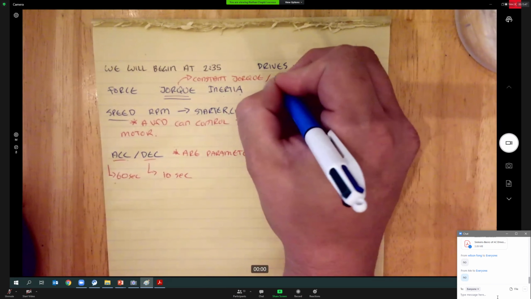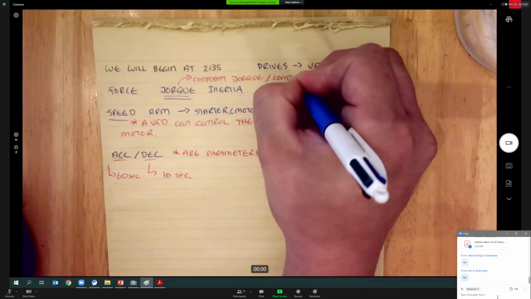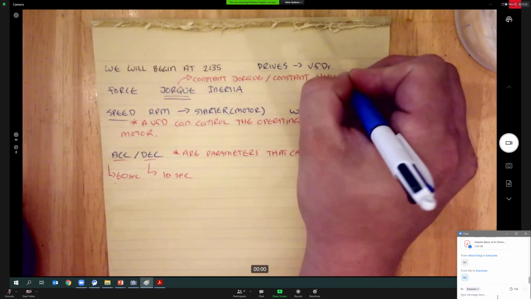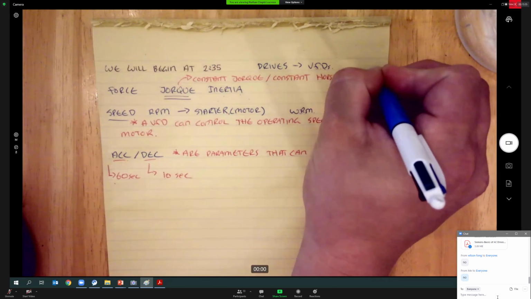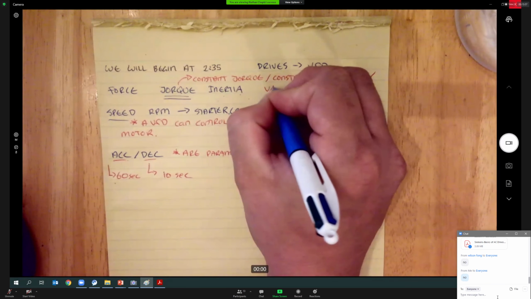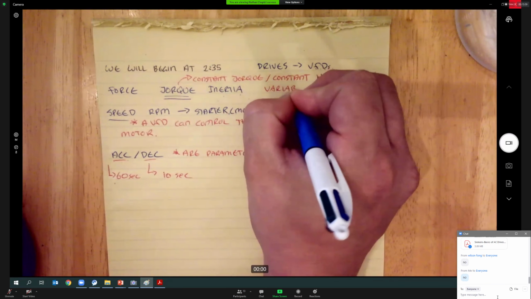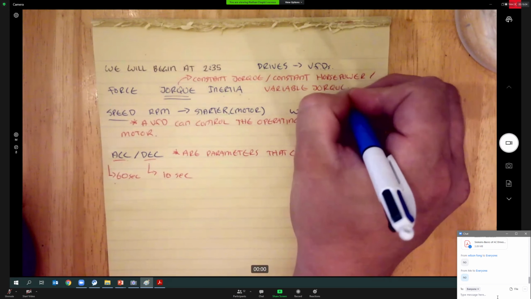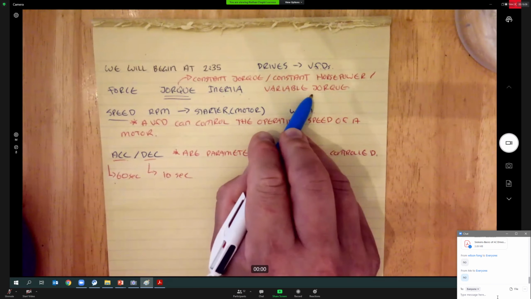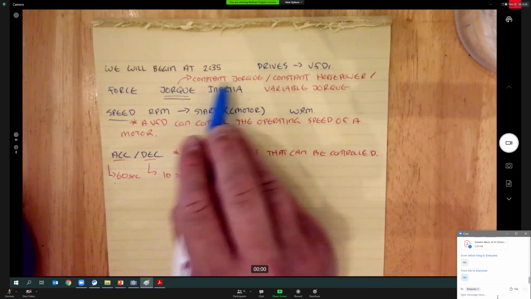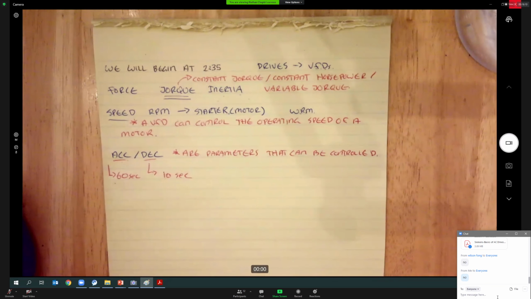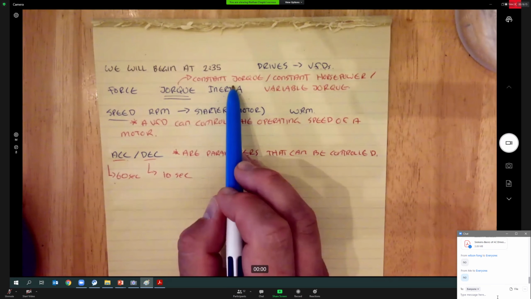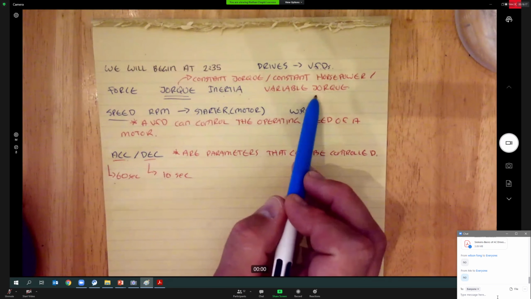There is constant horsepower. And then we also have variable torque. Yes, this is how I do all of my T's. Don't get confused with that. So there's constant torque, constant horsepower, and variable torque.